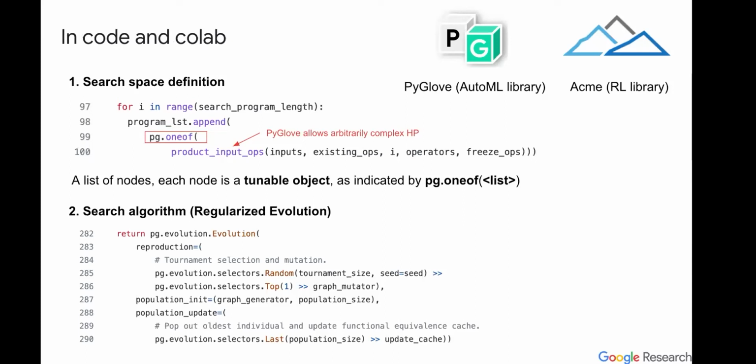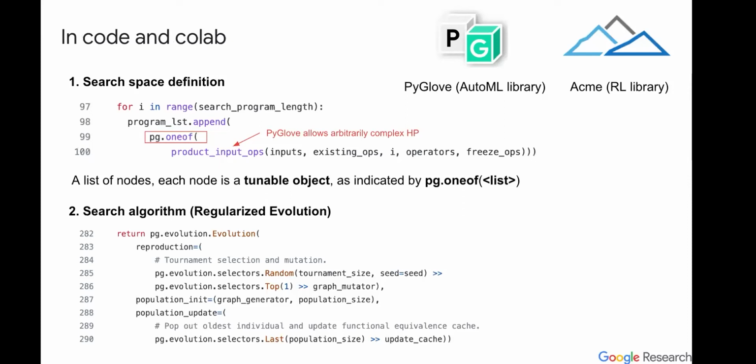We emphasize that this hyperparameter is not an ordinary primitive hyperparameter like floats, strings, or integers. It can be an arbitrarily complex object. What PyGlove does very well is that you can express the high-level complexity of your search space, and it handles the encoding and decoding of the hyperparameters and your objects.